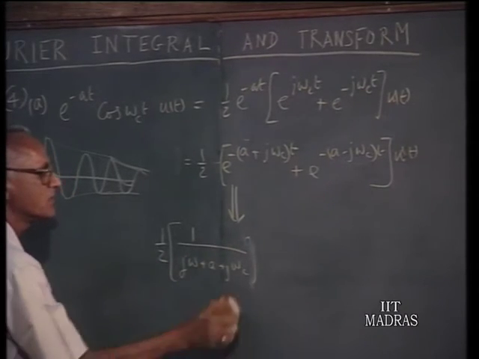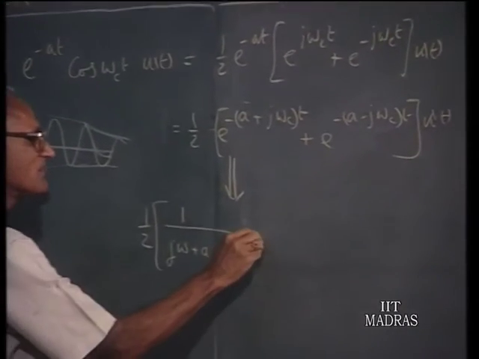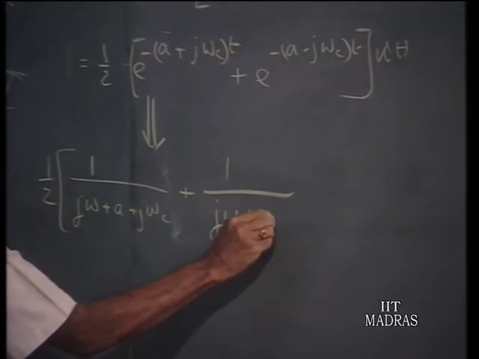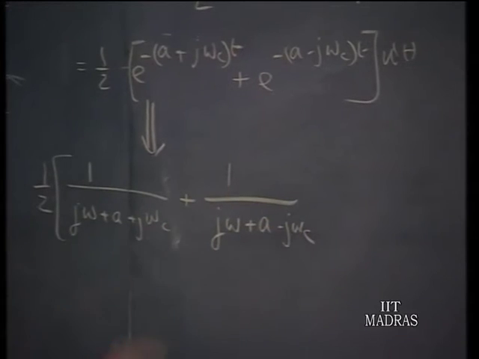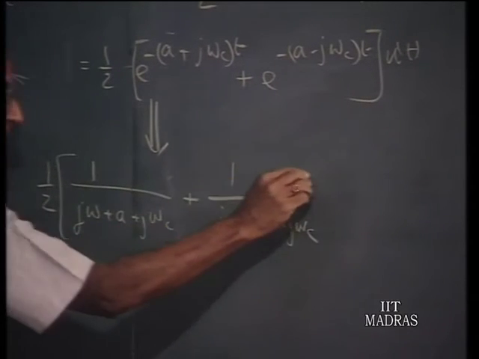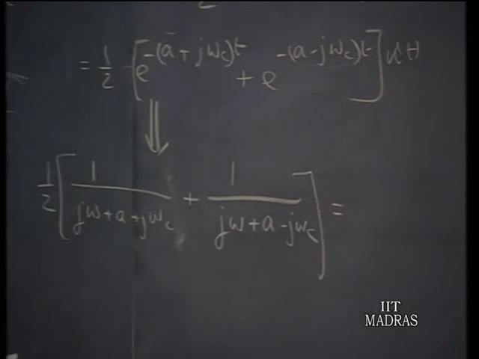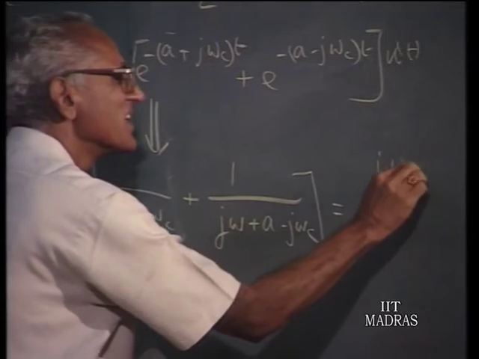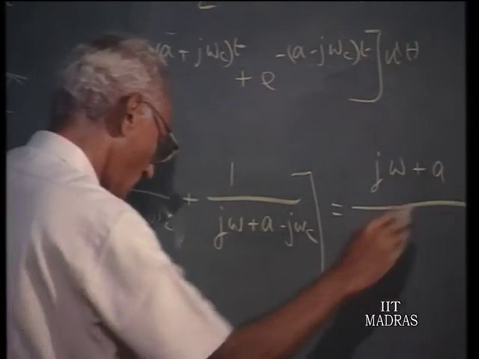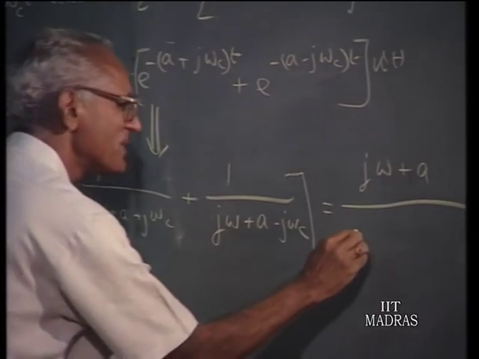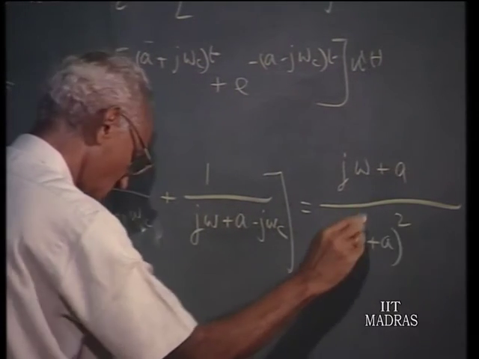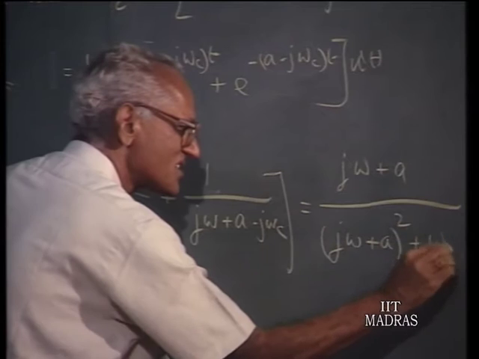For the second function you will have 1 over j omega plus a minus j omega c, and these two can be combined, and together you have an expression which looks like this: j omega plus a over j omega plus a whole squared plus omega c squared.